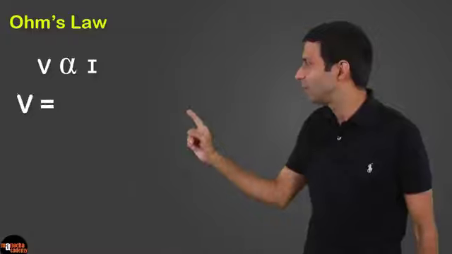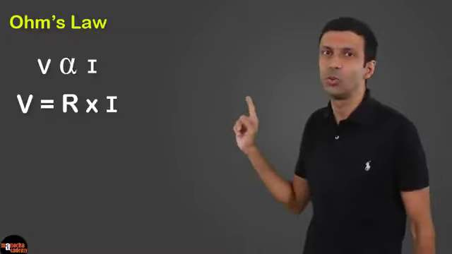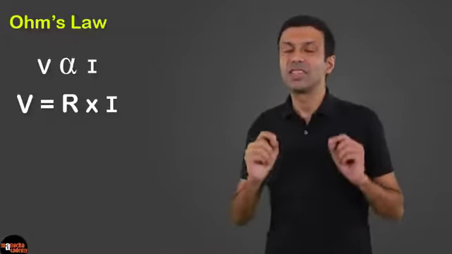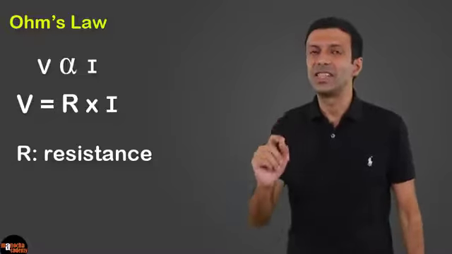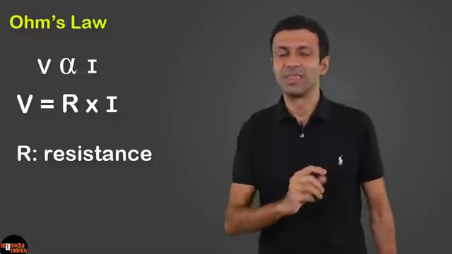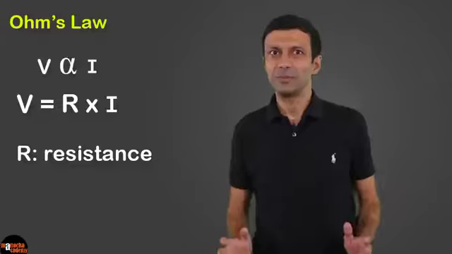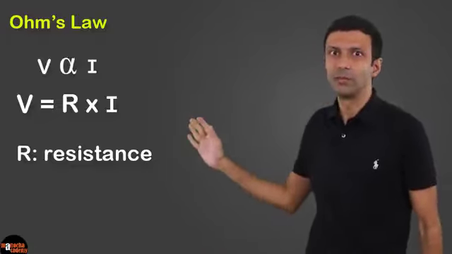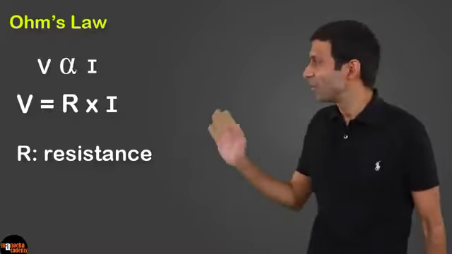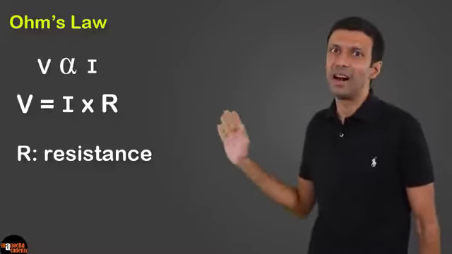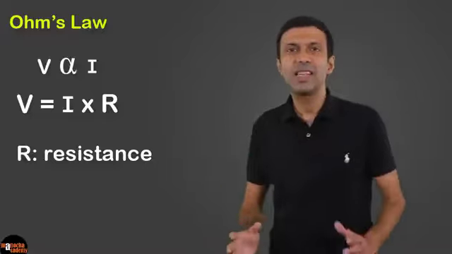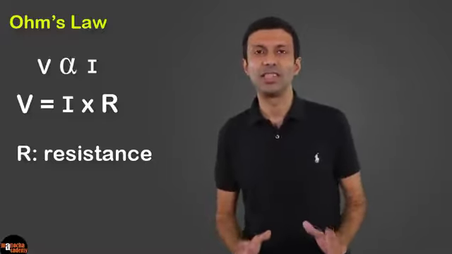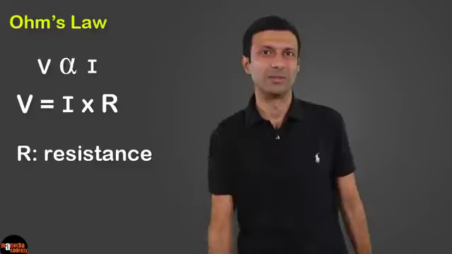So we get V equal to R into I. This constant R is called the resistance of the conductor, that is the wire. So this is the mathematical relation of Ohm's law. But we usually remember it as V equal to IR. Now let's see how we can define the concept of resistance using Ohm's law.